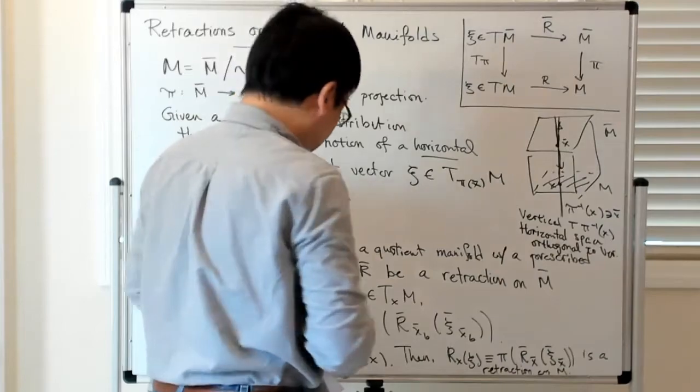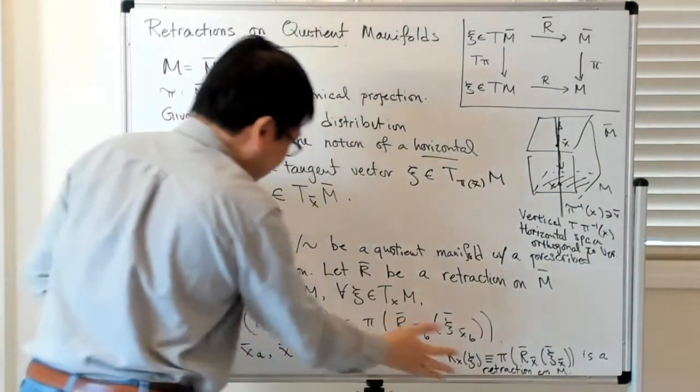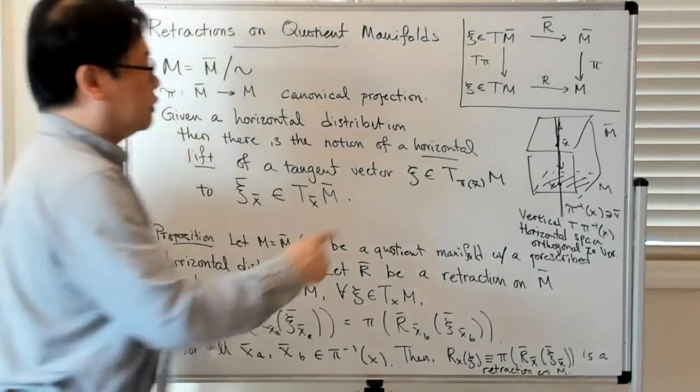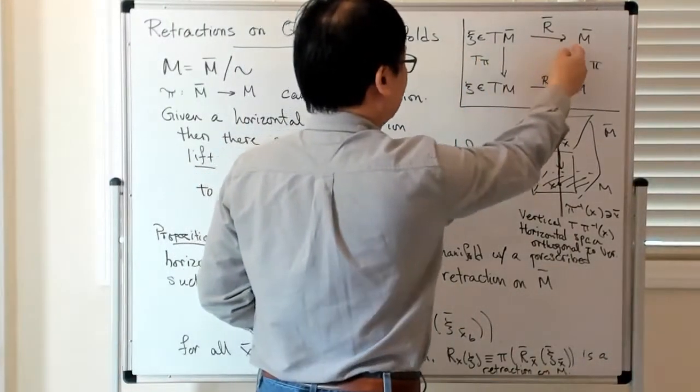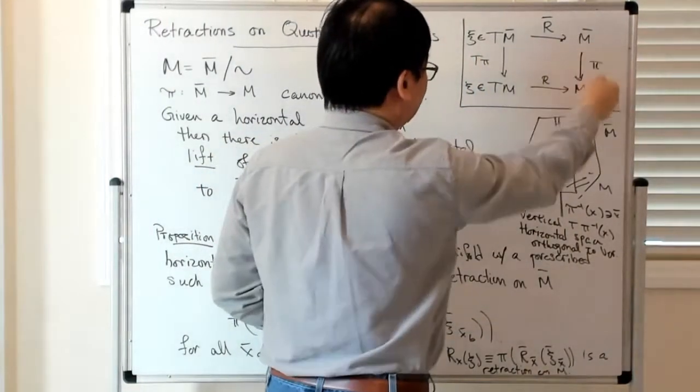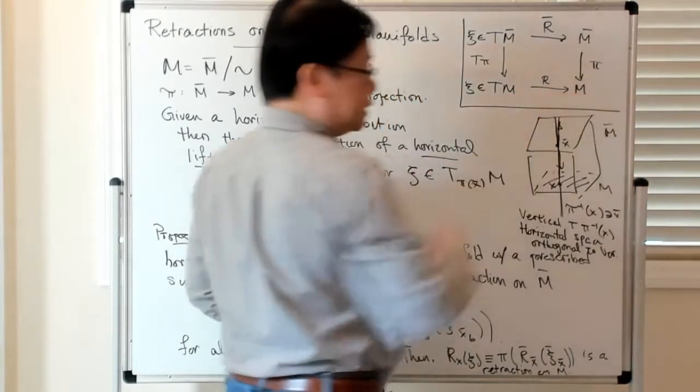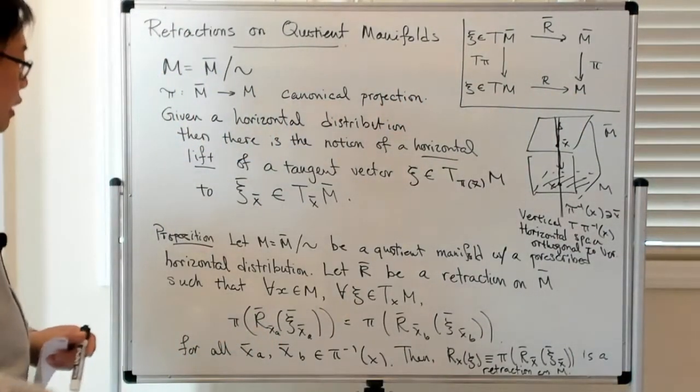So this condition here is exactly the condition that doing this horizontal lift, applying the retraction on M bar and then projecting back gives you a well-defined map from Tm to M, okay?